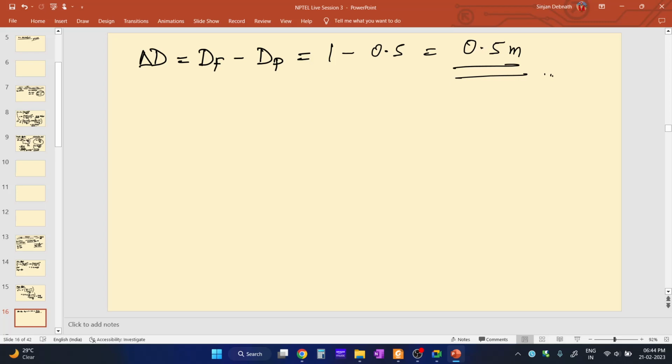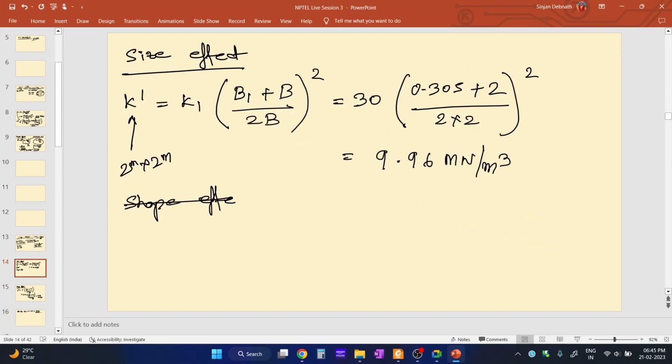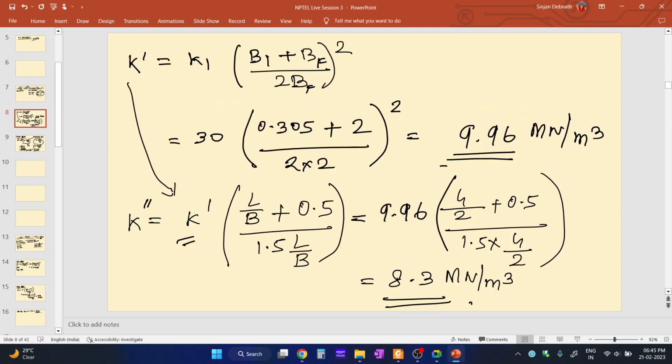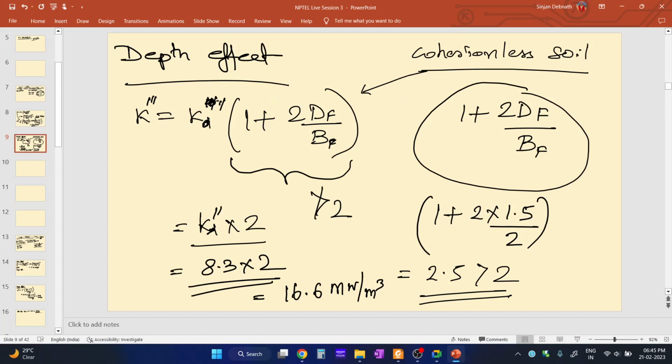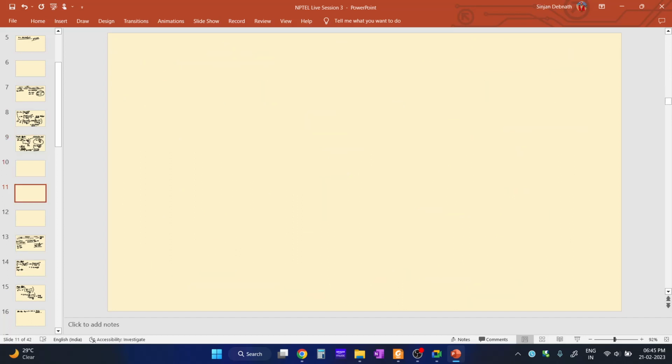Okay, so now we need to incorporate this effect. How we will incorporate this effect? See the last equation. See, 1 plus 2 Df by Bf. We will use this equation, but in this way.